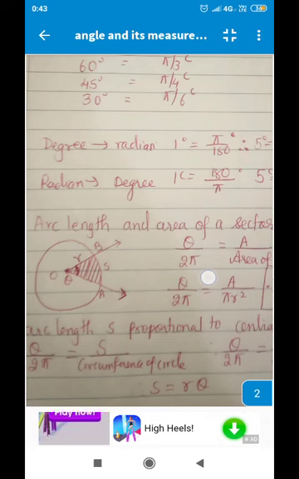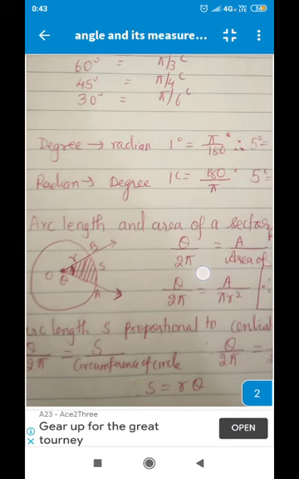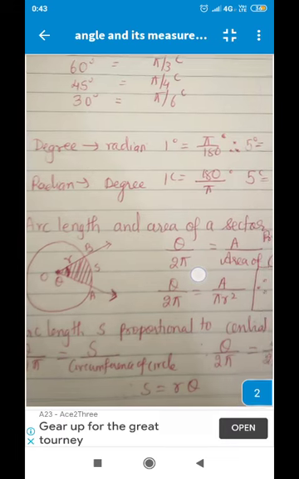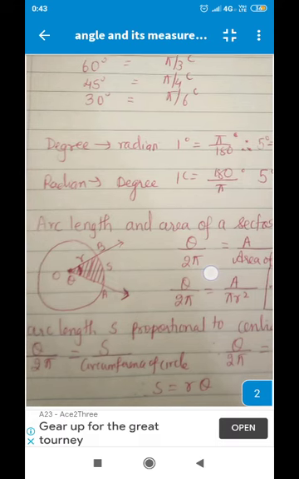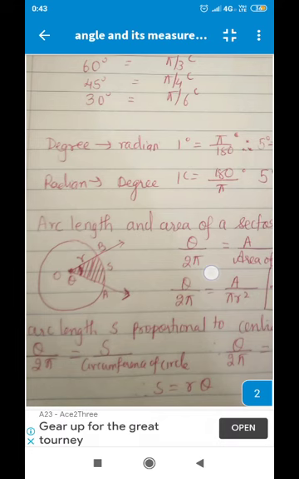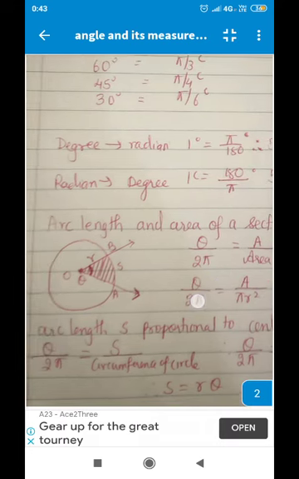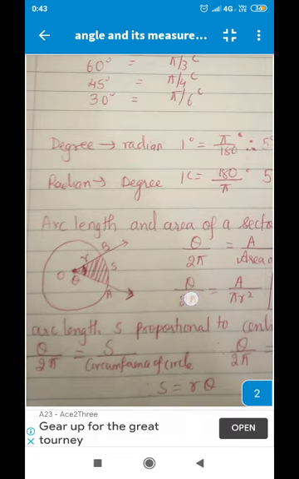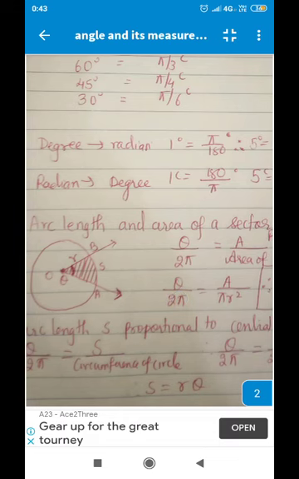The angle between the two rays is represented by angle theta, and the shaded region is A, which we call the area of sector. By seeing the diagram we can say that the area of sector is proportional to the angle. The greater the angle, the greater will be the area of sector.